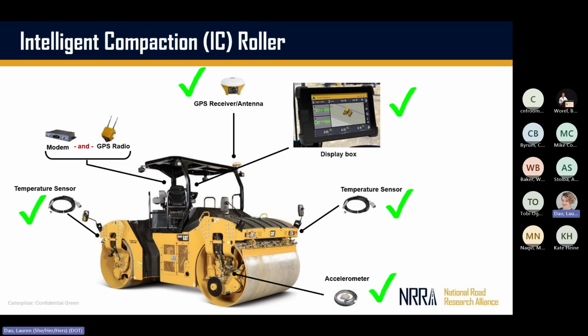So that's the hardware, but the basic thing there, you've got geospatial information, so positioning, temperature on the asphalt, accelerometer is the conventional, again, now starting to move into having dielectric sensors on there to correlate with density. So that's the way out.